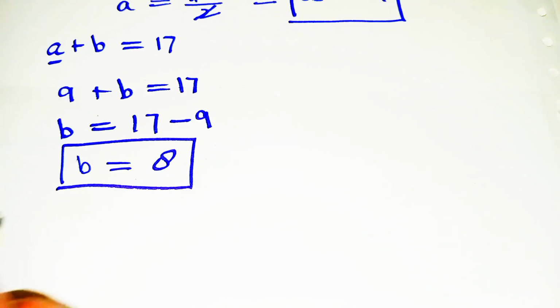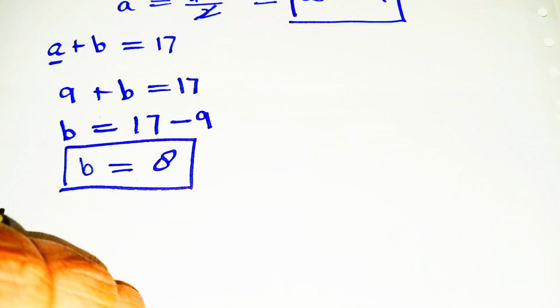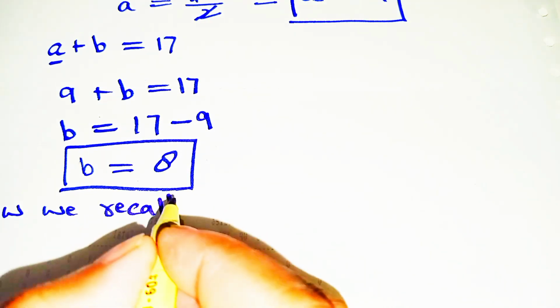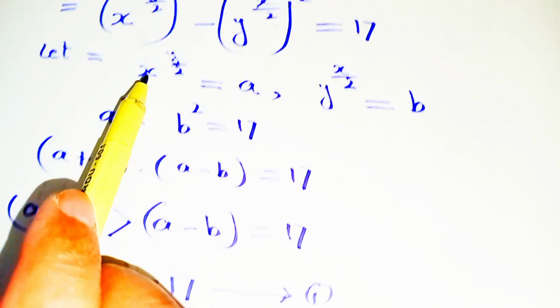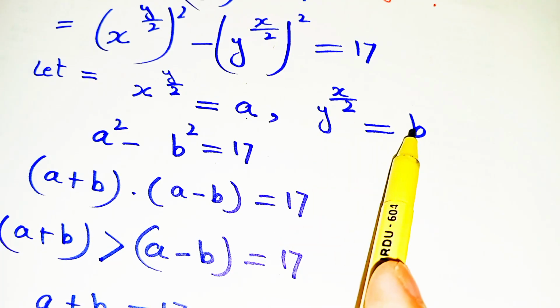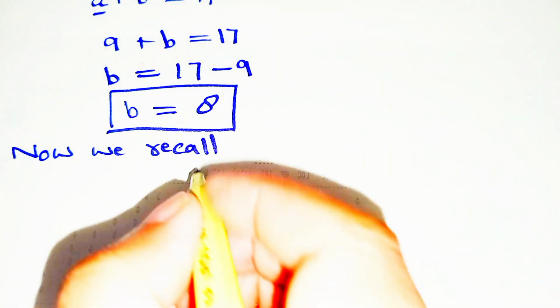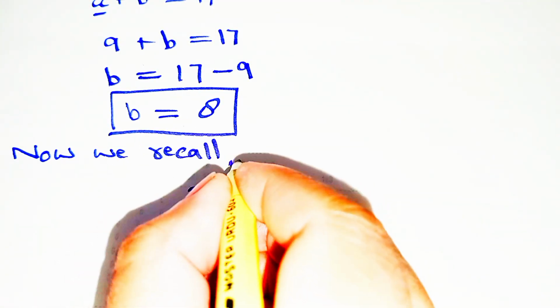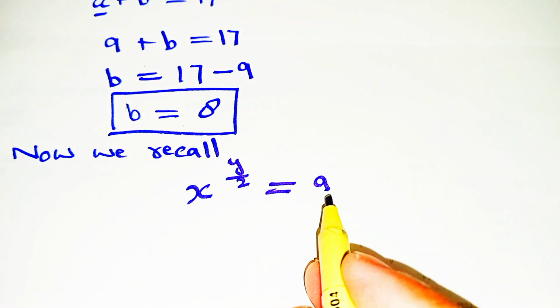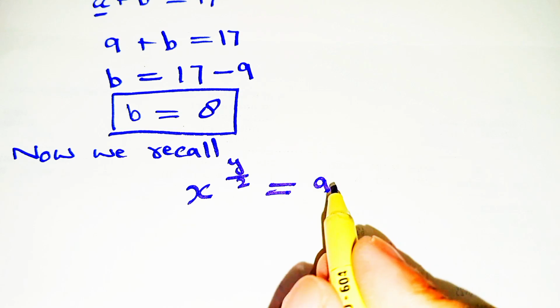Now we recall these values. x to the power of y over 2 is a and y to the power of x over 2 is b. So x to the power of y over 2 is equal to a, and the value of a is 9.